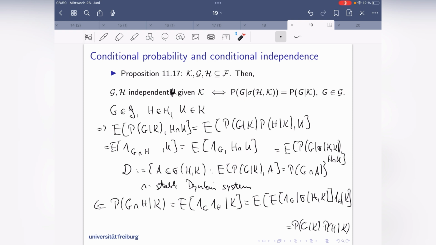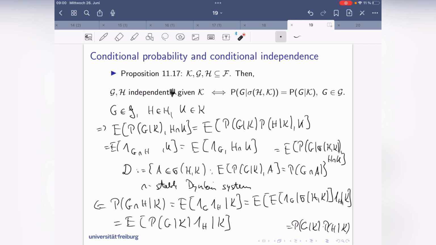But I have this here, P of G conditional on the full thing is something else. So that's the expectation of the conditional probability of G given K times the indicator function of H conditional on K. Okay, this here probability is measurable with respect to K, so I can pull it out.